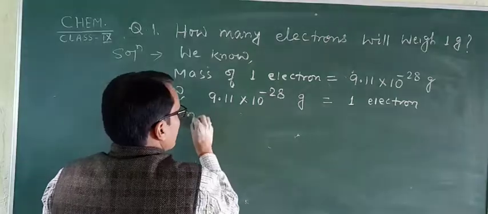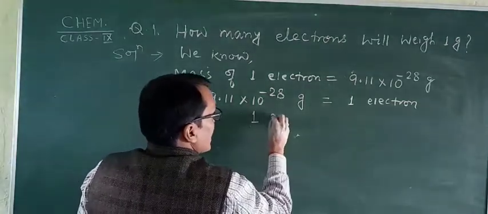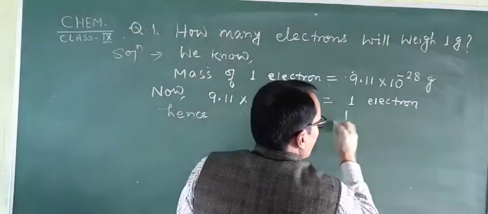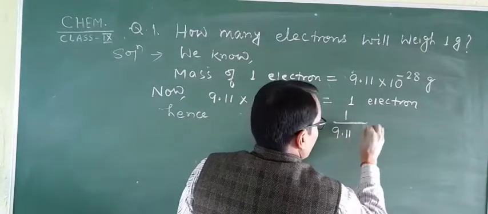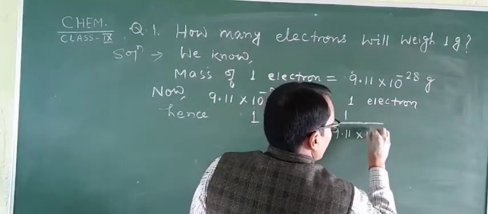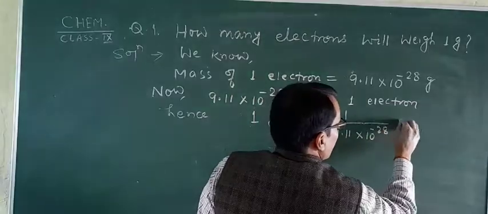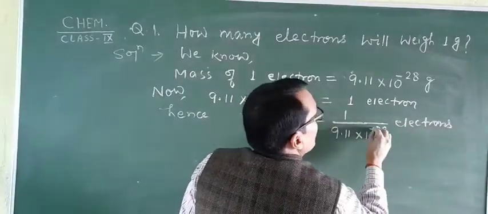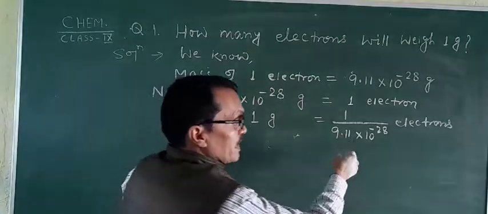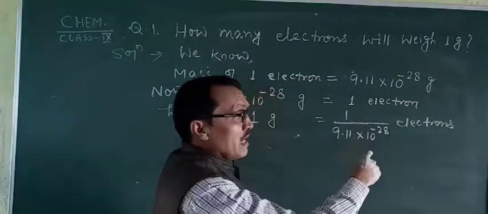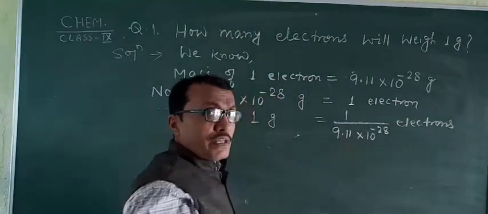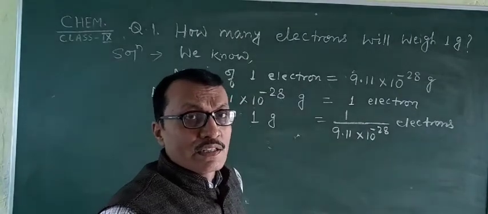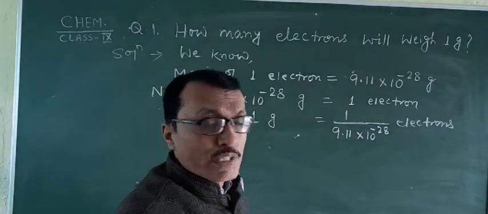Hence 1 gram is equal to this. We can write like this. Now we have to solve this, and after solving whatever we get, that will be answer of this question.